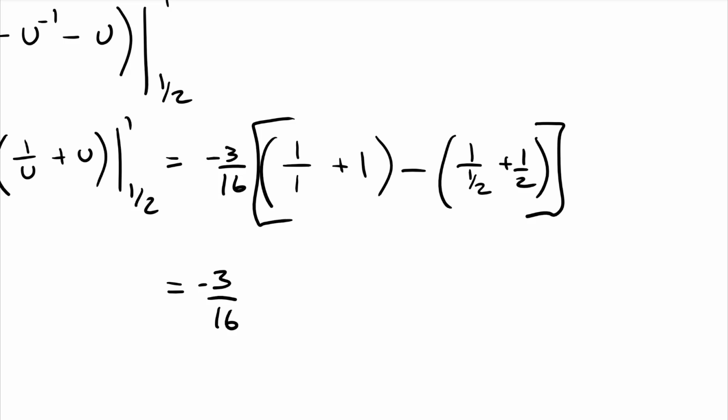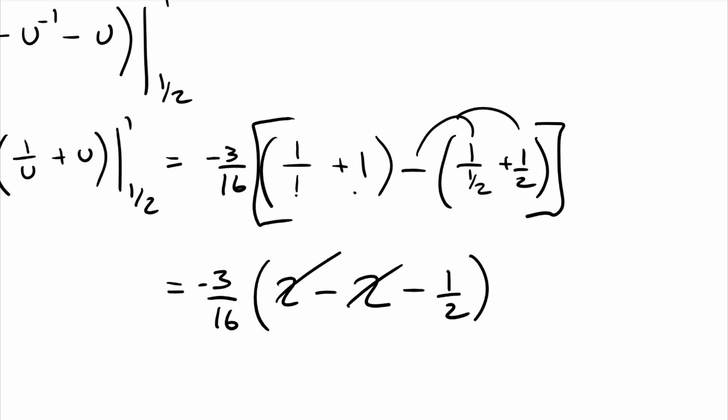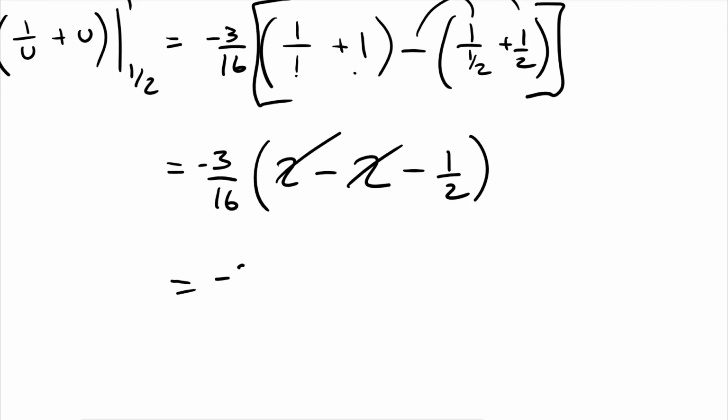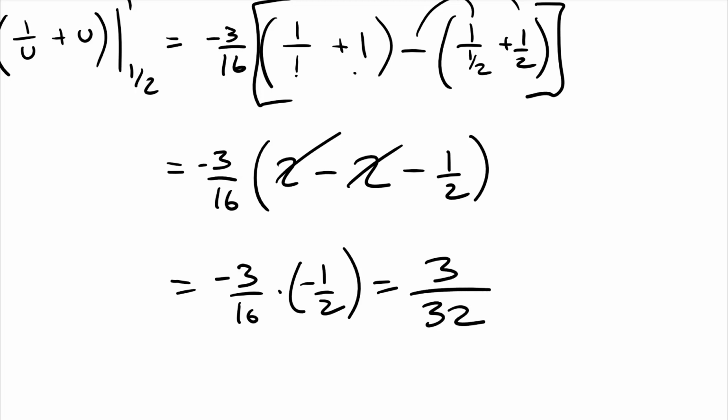Negative 3 over 16 times, so 1 plus 1 is 2, minus, let's bring it in, 1 divided by 1/2 is 2, minus 1/2. Cancels. So we get negative 3 over 16 times negative 1/2. We get 3 over 32.